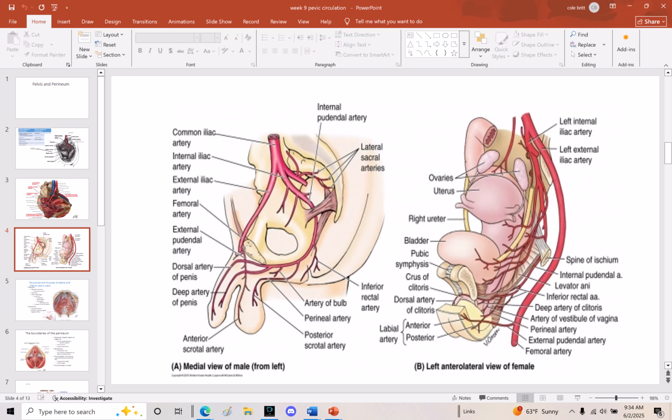You can see how it supplies most all of the genitalia, with the exception of the anterior portion of the scrotum or labia. That actually comes from the external pudendal, which usually comes off the inferior epigastric. But here you can see male and female, and the course of that internal pudendal artery.